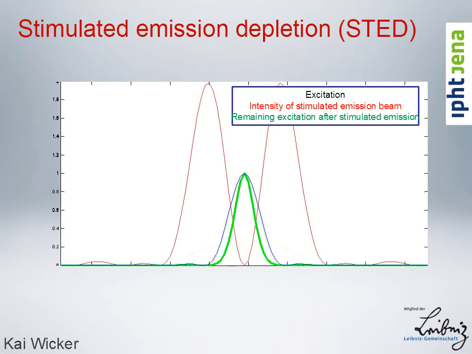If you're now making that stronger, like here, you see that you're starting to squeeze down your point spread function. And now the trick is that if you interpret the red curve by going towards infinity, the probability of actually causing stimulated emission when you have been excited will go towards 1.